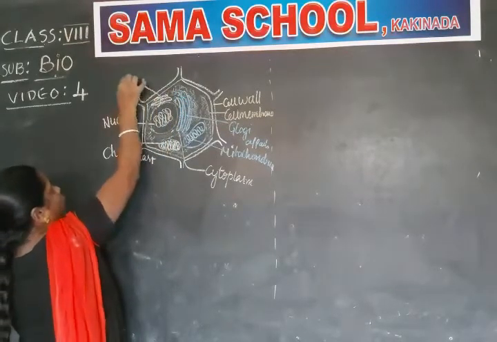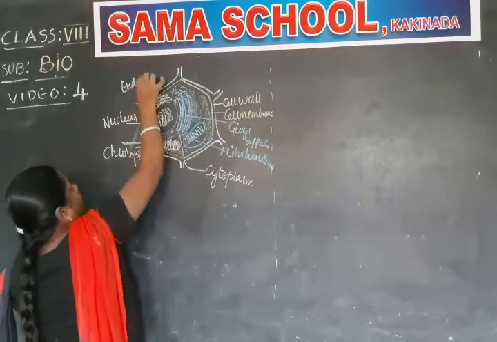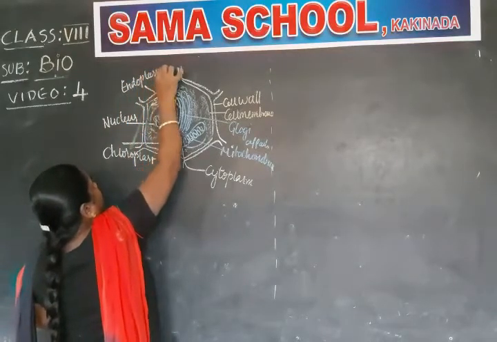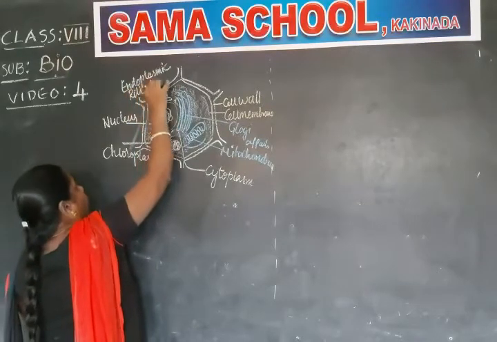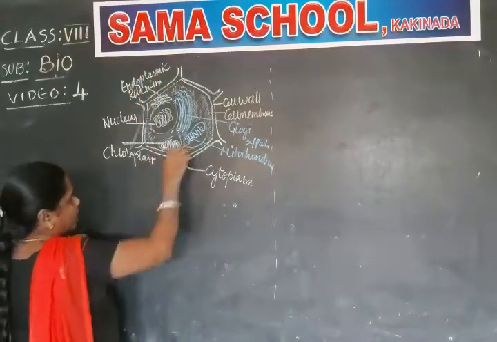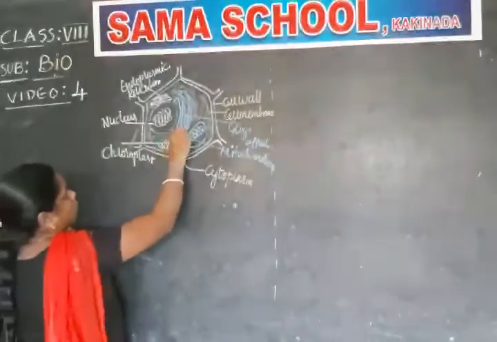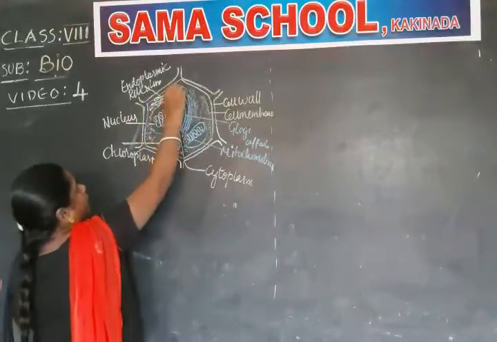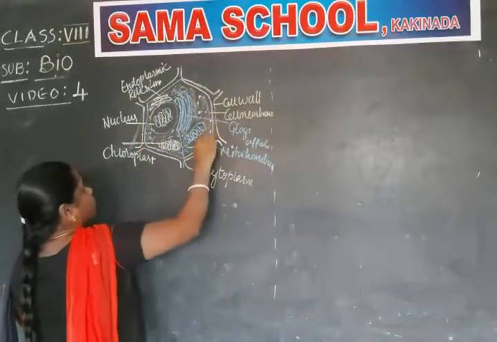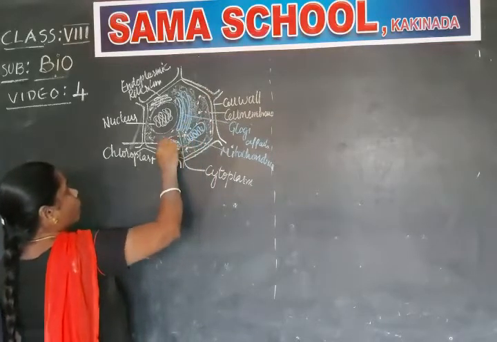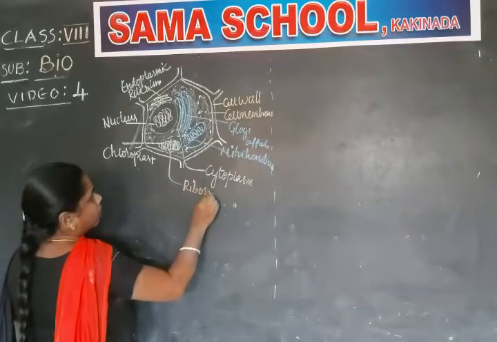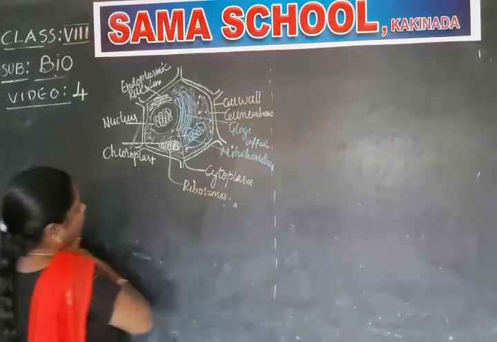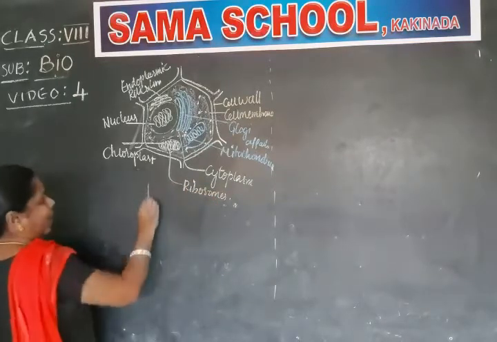This is endoplasmic reticulum. Then you can see small ribosomes over it. Okay, now this is about the plant cell.